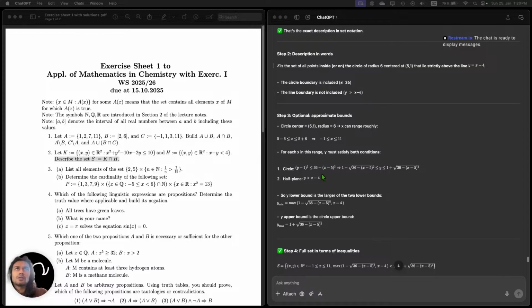Circle, y minus 1 square minus x minus 5 whole square. You put the x factor on the right, which implies 1 minus root is greater than y greater than 1 plus root.